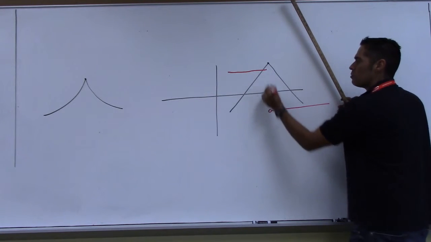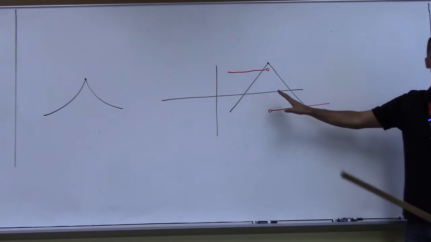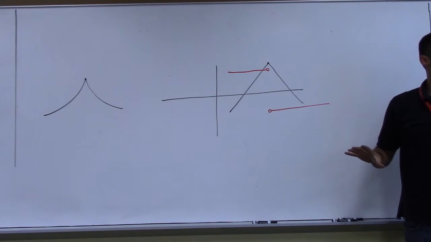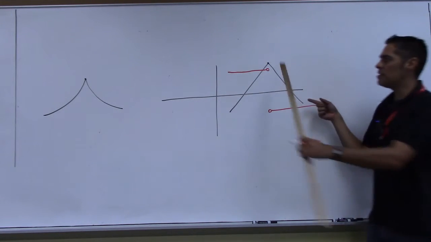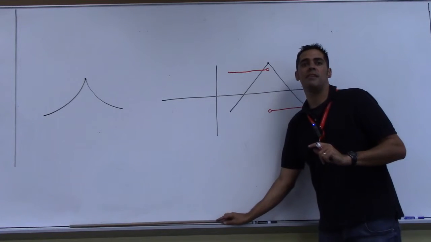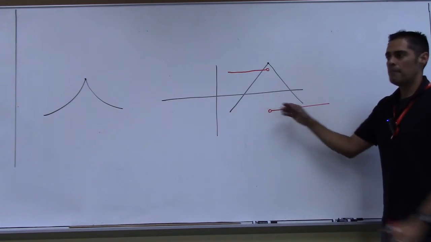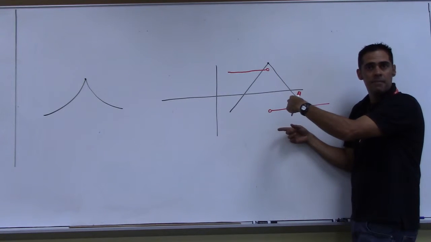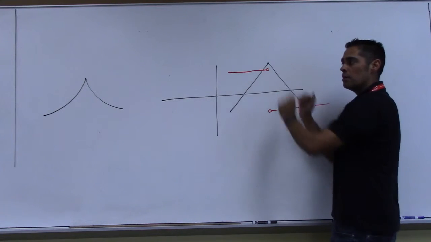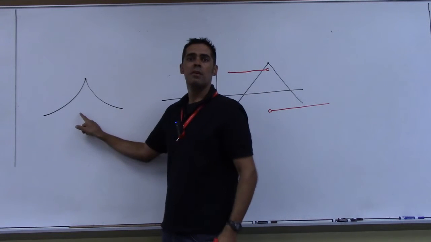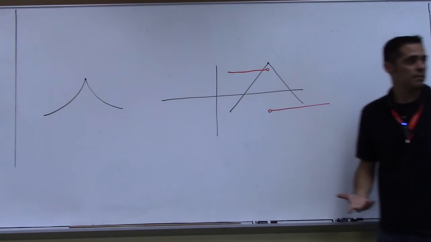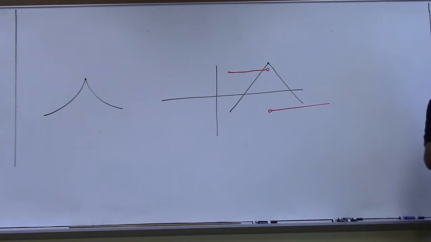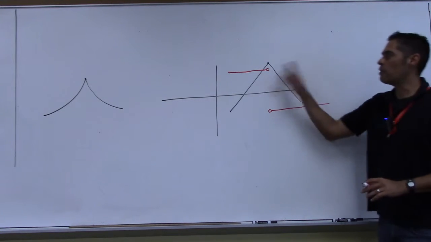So you see that the derivative, if I graph that derivative, see how the derivative is broken? That means the derivative does not exist. The derivative does not exist at this point because the derivative jumps when you graph it. So anytime you have a corner or what we call a cusp, your derivative does not exist at that point. It exists everywhere else.